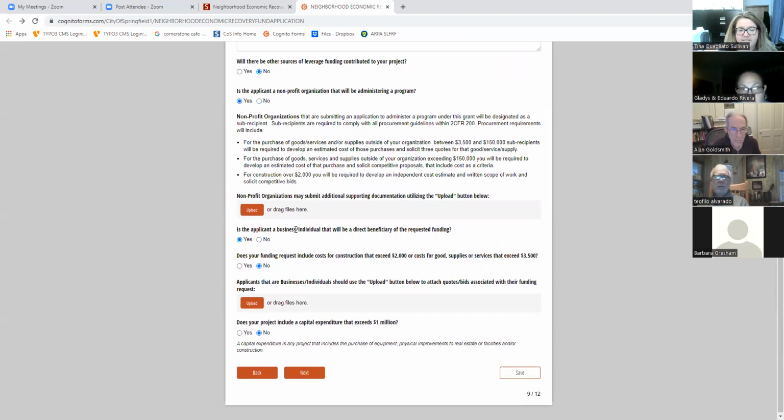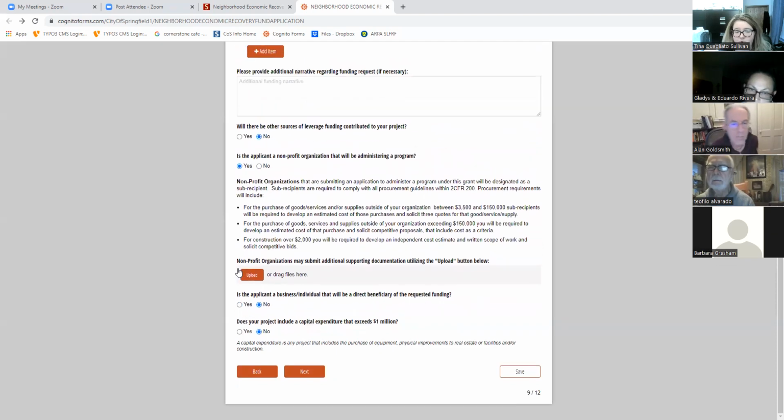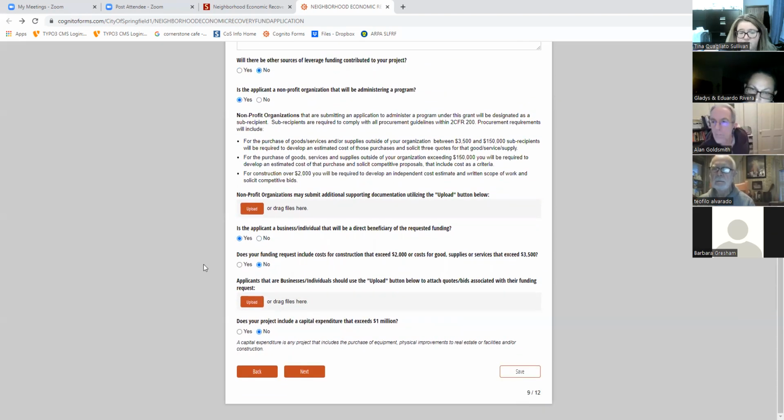Again, here we're asking, is the applicant a business or an individual that will be a direct beneficiary? Because again, that sort of changes the procurement requirements. If the answer is yes, which if you're a business and you're receiving the funding to improve your business, you're considered a direct beneficiary. This is where, again, we're asking about those procurement questions.